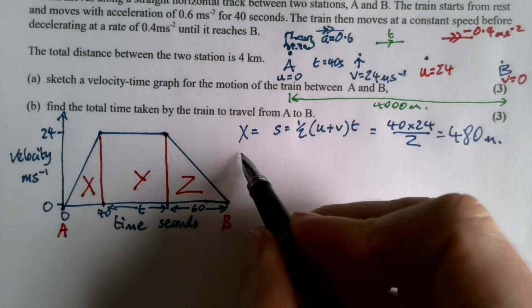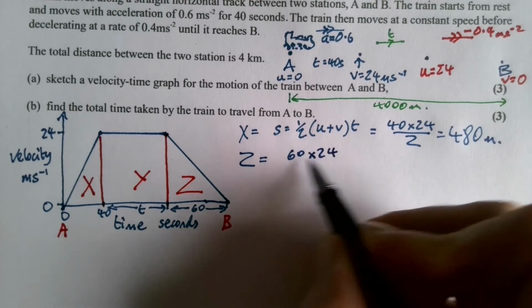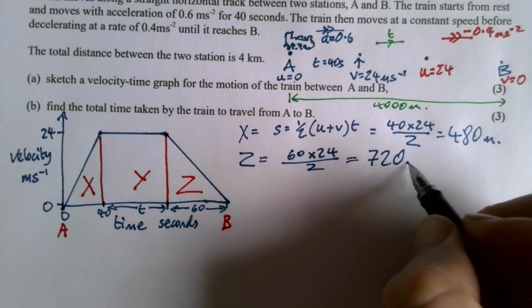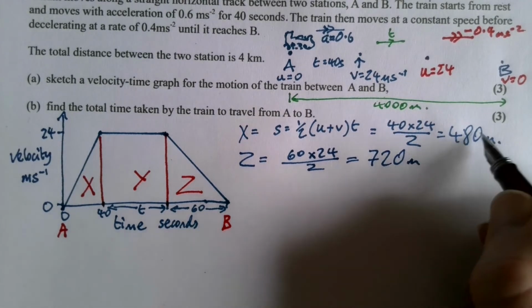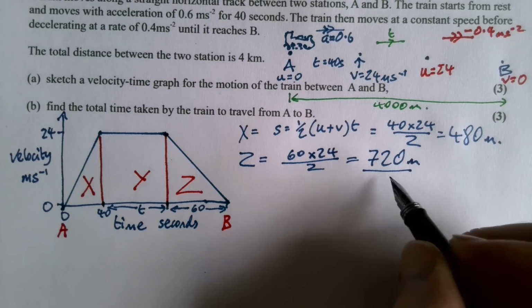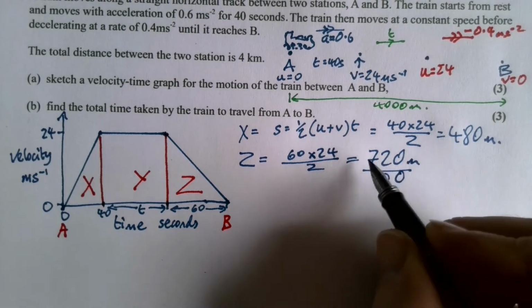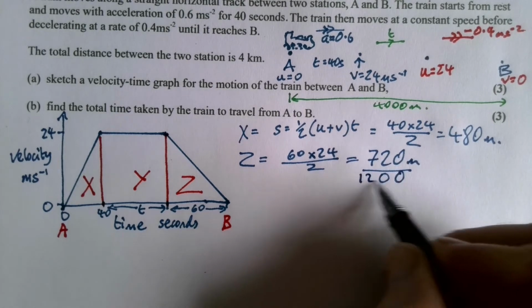Then if we do Z next, very similar, we're going to have 60 times 24 divided by 2 is 720 meters. Add those two together and you get 1200.